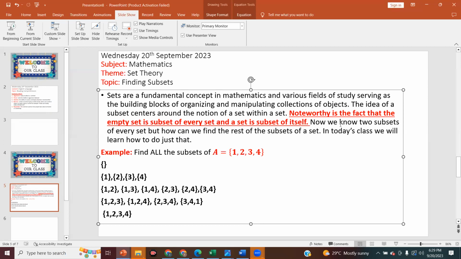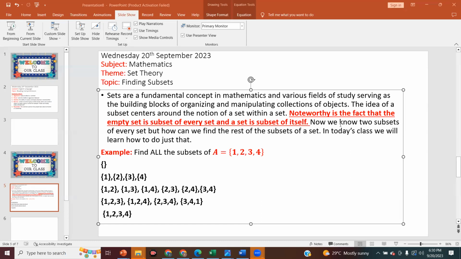All right, good. So question, China, give me one subset of A. 1, 2, very good. Dion, give me one subset of A. 1, 3, very good. Gianna, give me one subset of A. 1, 2, 4.